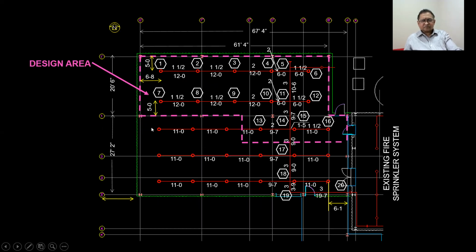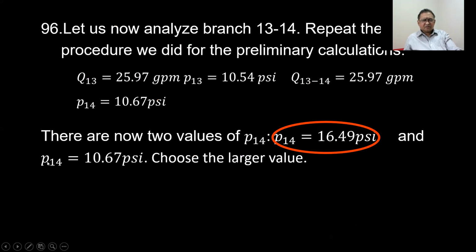The next step is to solve the branch between 13 and 14 here. Okay, 13 and 14. So repeat the calculation procedure as we did for the preliminary calculations, and the result of P14 will be 10.67 psi, and there will be now two values again.